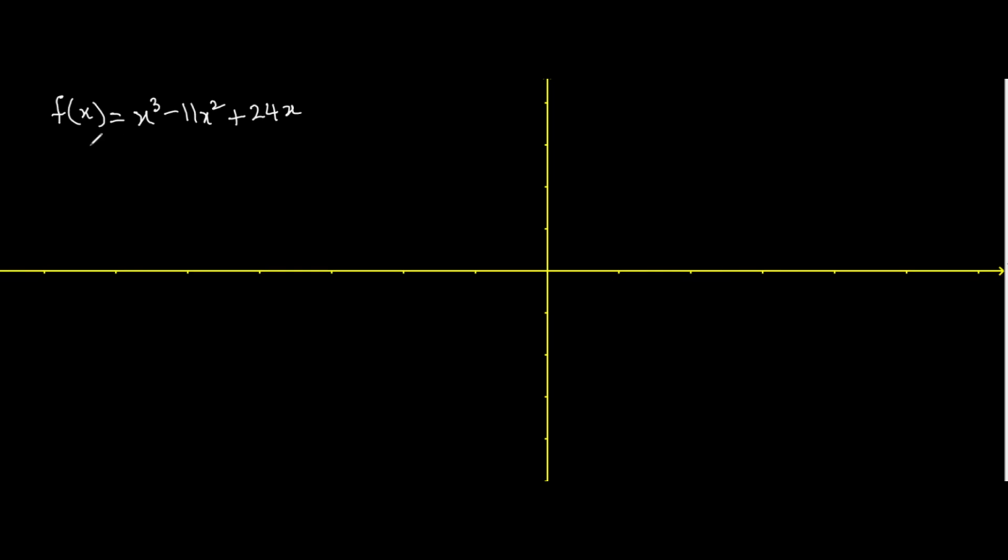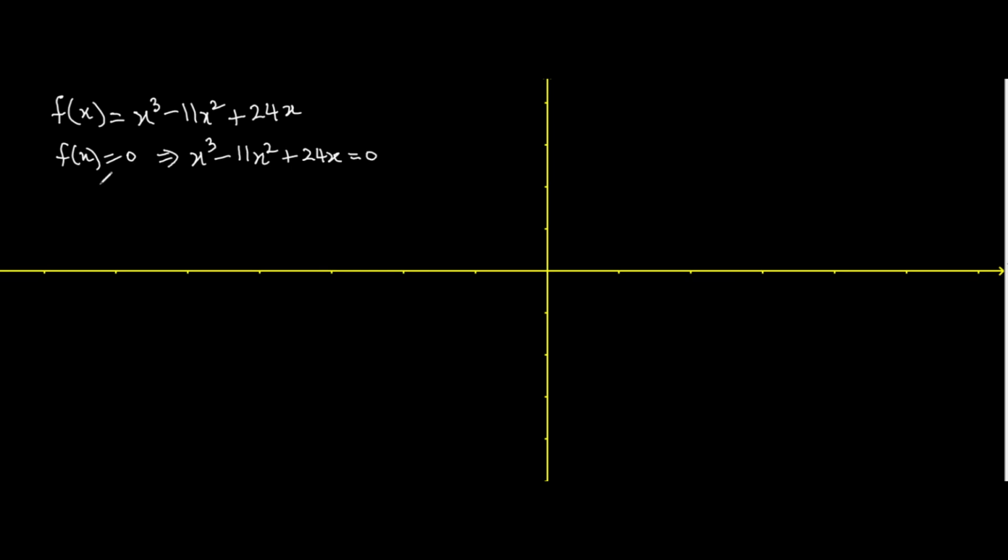Of course, the x-intercept occurs where f of s equals 0. All right, so this occurs where f of s equals 0, and this means that we are going to set our function s cubed minus 11s squared plus 24s, okay, we set it to 0.